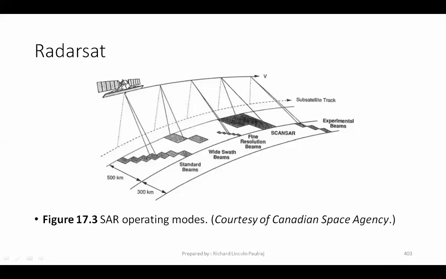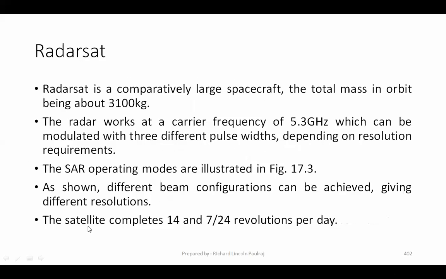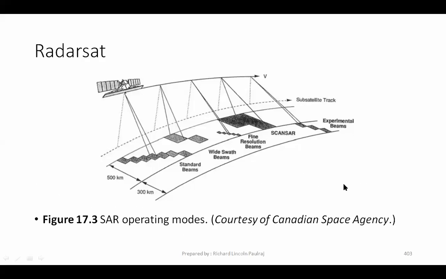Okay, just have a look at this diagram, and you can actually see the footprint that it can cover. It completes 14 and 7/4 revolutions per day. So per day there can be revolutions of about 14.